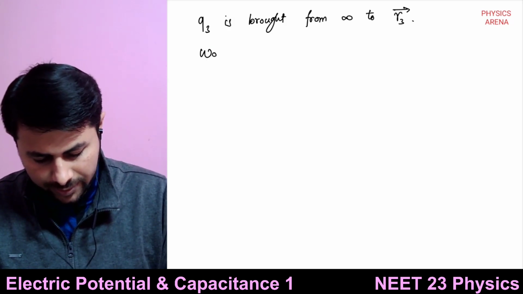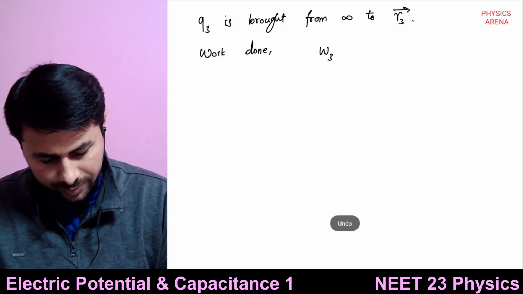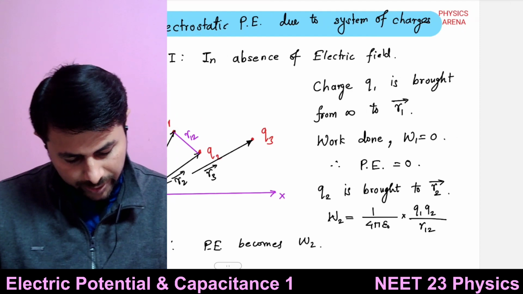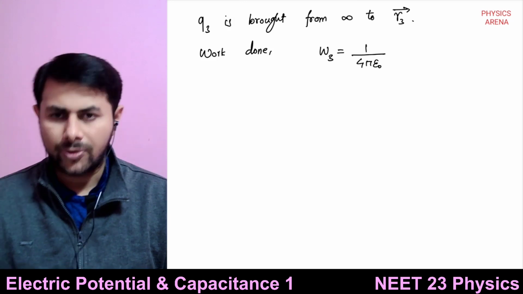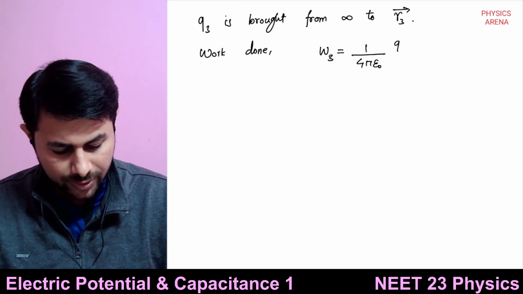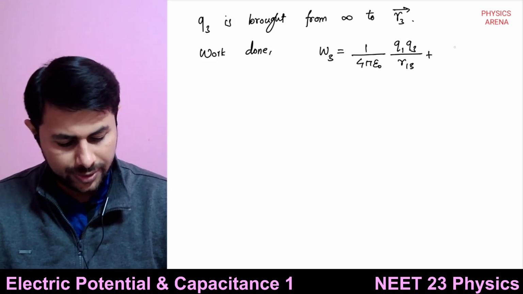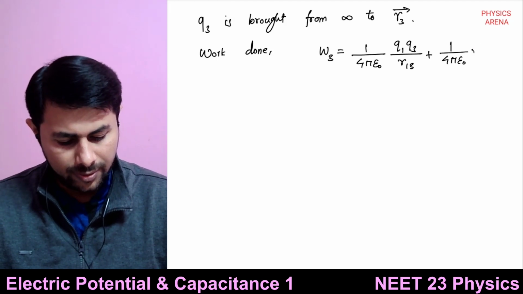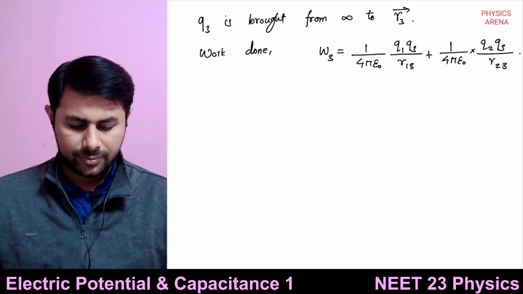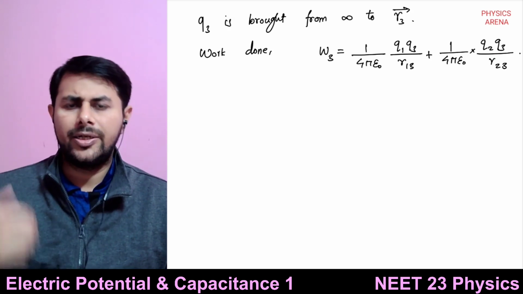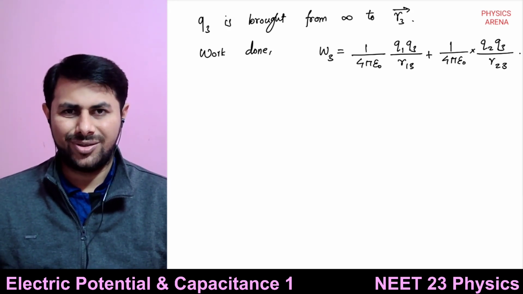Work done in this process, W3, will be equal to 1 upon 4 pi epsilon naught, work done against Q1, so Q1 Q3 divided by R13, plus work done against Q2, which is 1 upon 4 pi epsilon naught multiplied by Q2 Q3 divided by R23. Then if you bring the next charge, you have to do work against all three of them. So on and so forth.